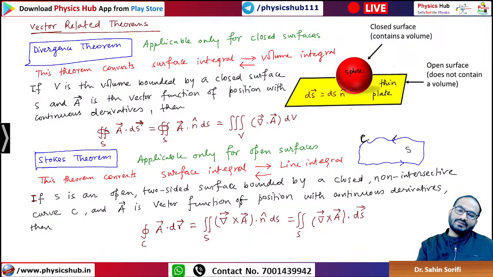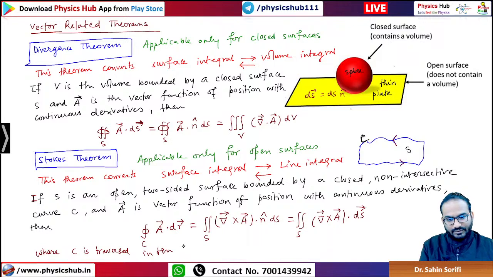And as you can see, C is traversed in the anticlockwise direction. This is the positive direction, where C is traversed in the counterclockwise or positive direction.